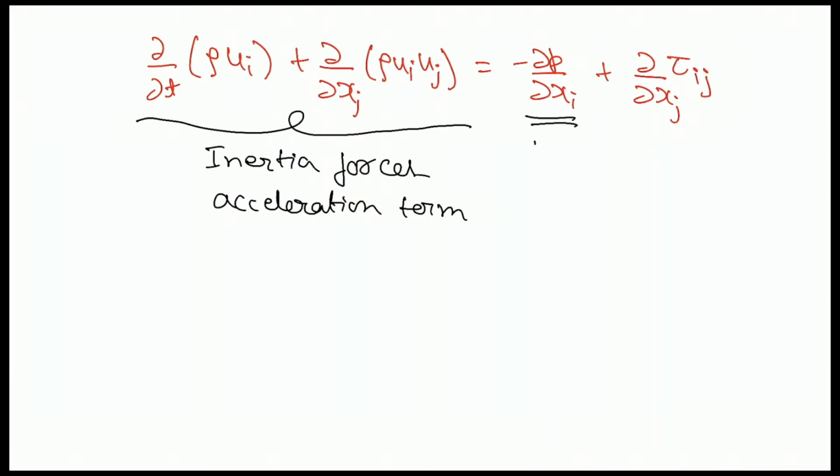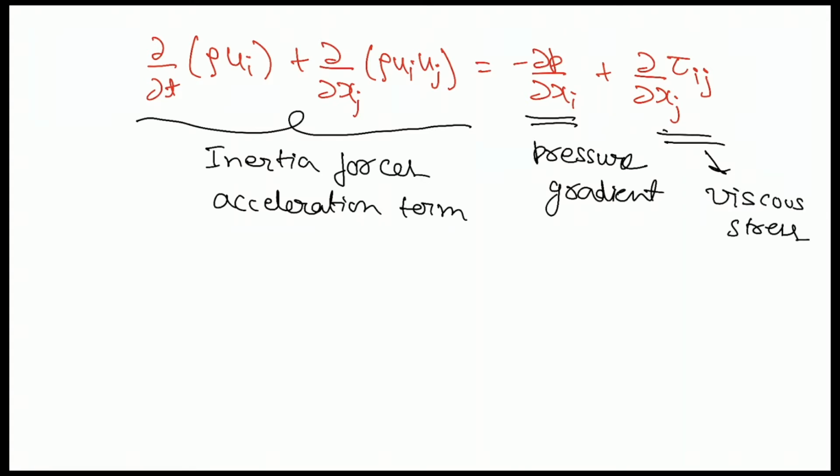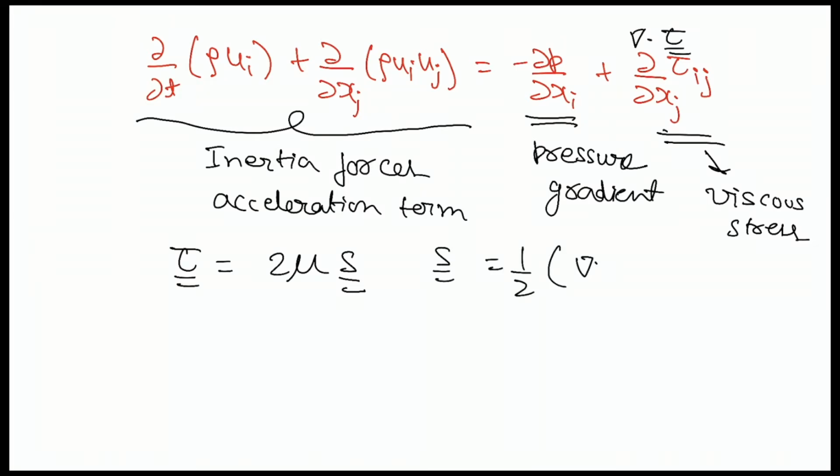On the right, we have the pressure gradient term, and the second term on the right is the viscous stress term. In fact, this is the divergence of the viscous stress tau. And this viscous stress tau for Newtonian liquids can be written as 2 mu times the strain rate tensor S, where S is nothing but the symmetric part of the velocity gradient tensor.